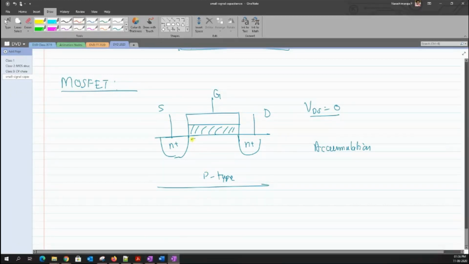Okay, maybe I will just use the red one. There is a higher concentration of positive charges compared to the bulk material, okay? Just because I have more negative charges on the metal surface, due to which I have more positive charge. Now, I could say that this capacitance is between the gate, which is the metal, and this semiconductor, okay?